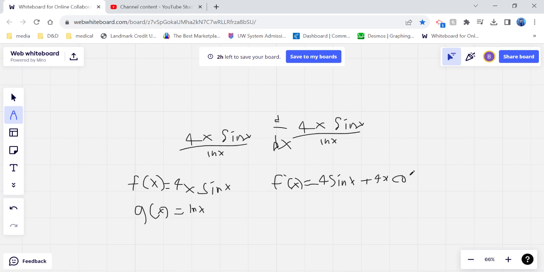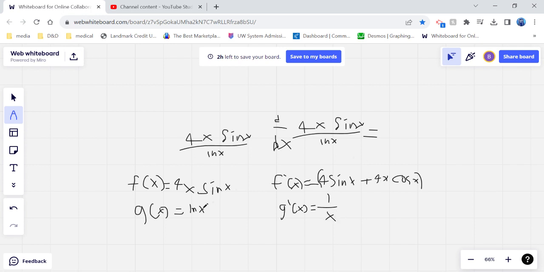So that would be f prime of x. So when we use f prime of x in this quotient rule formula, we will actually substitute in this value. And then g prime of x would actually equal 1 over x, right?